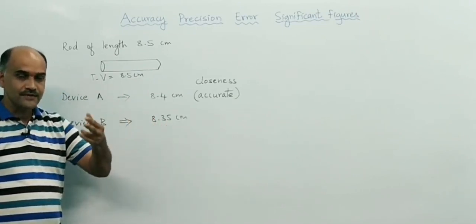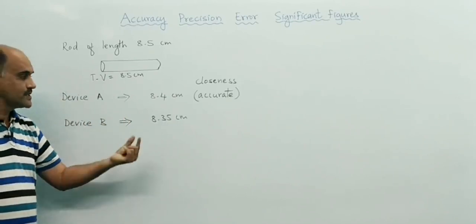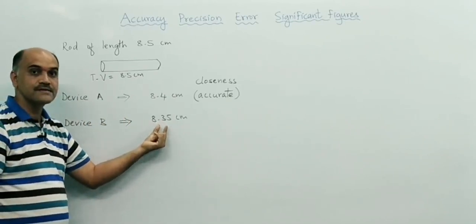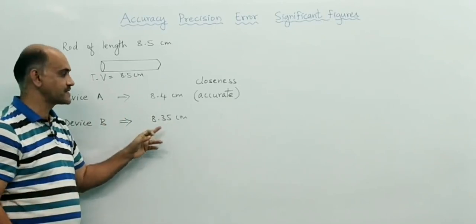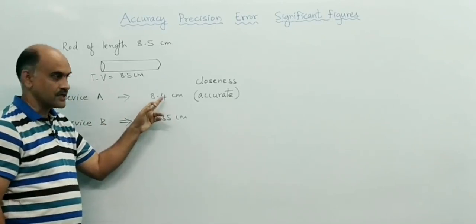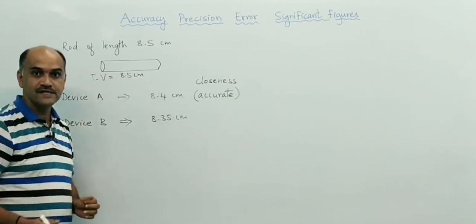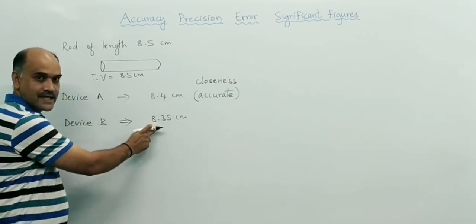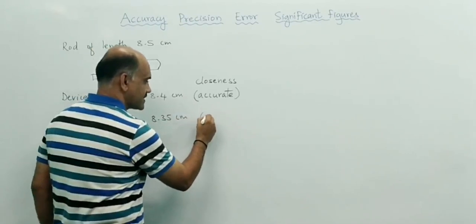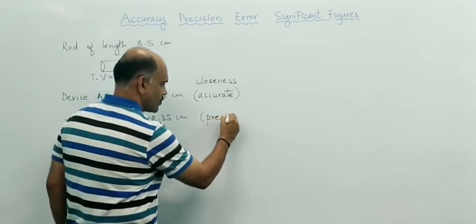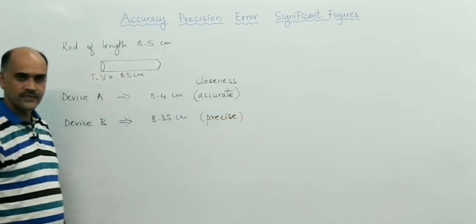So its limit of resolution, or you may say precision, is more. It is more precise than this. This is accurate, it is near, but the number of divisions you are getting in the second one is more. So this we say is more precise.